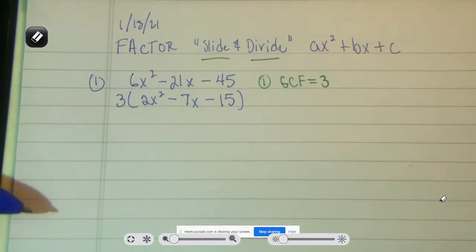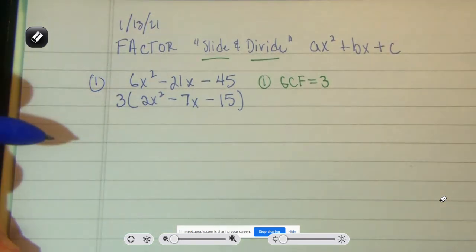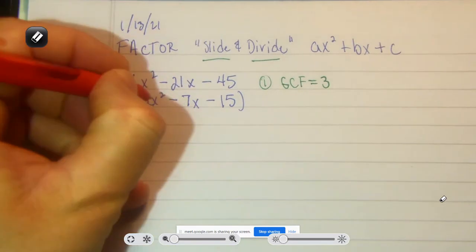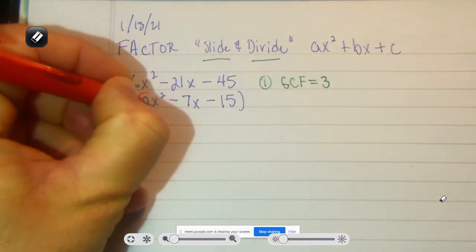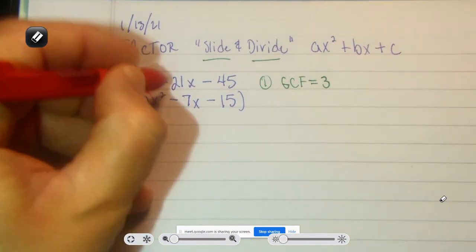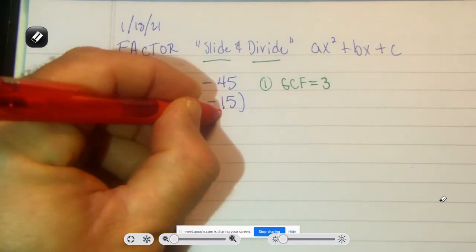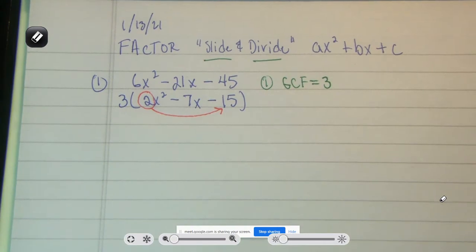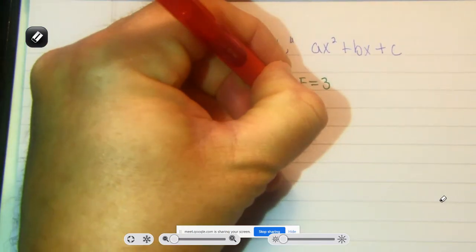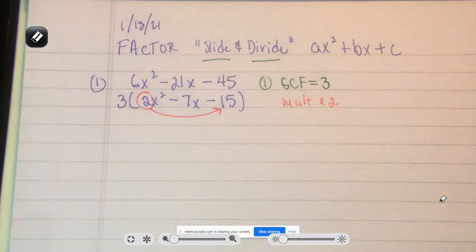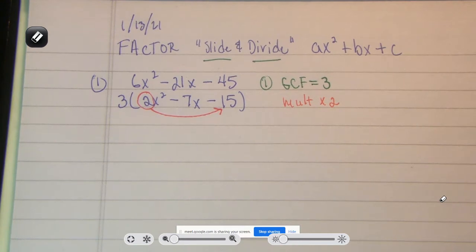Now, that's where the slide and divide part comes in. This is where you're going to have to really focus and pay attention to what I'm going to do. It's really quite simple. I'm going to take the 2, and this is where the slide part is, I'm going to multiply it times 15. I'm going to rewrite it.